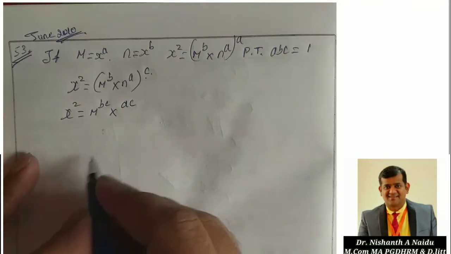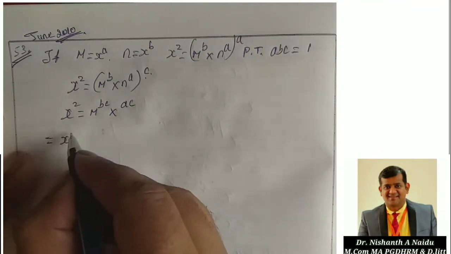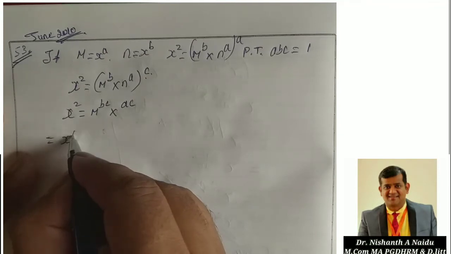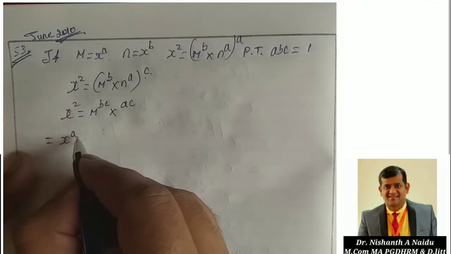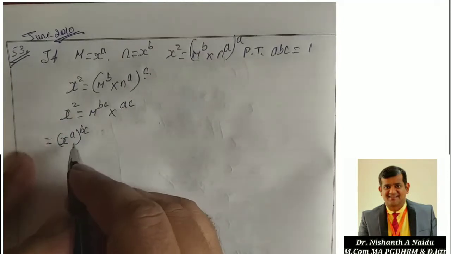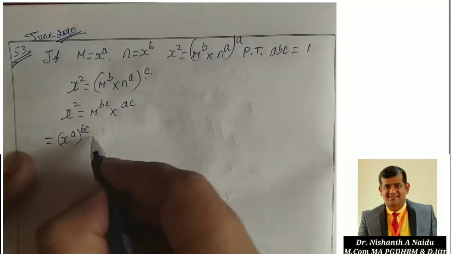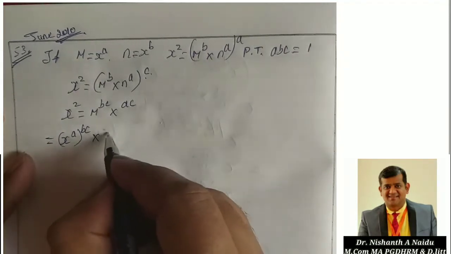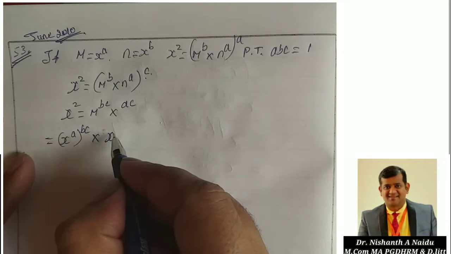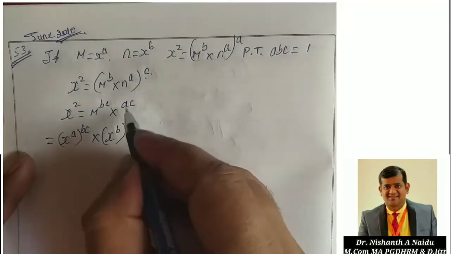That equals x to the power of a, whole power bc, into x to the power of b, whole power ac.